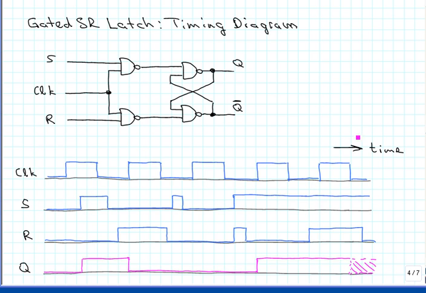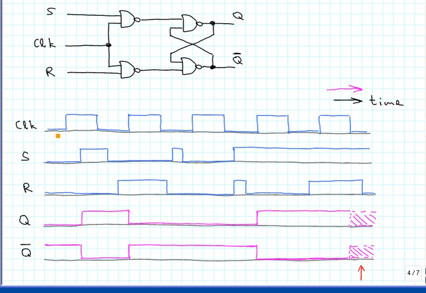So the time goes here along the horizontal axis. Usually the starting point is the clock, and in this particular case, a 50% duty cycle rectangular clock has been used. That could vary. There could be just short pulses going up or short pulses going down, but for the time being, we just use this particular clock signal.